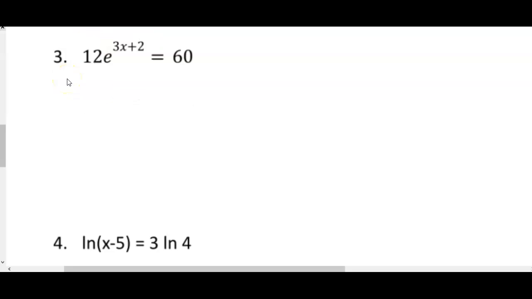Okay, for this one, let's start by dividing by 12. And so e to the 3x plus 2 equals 5. We need to get rid of this e, so we're going to apply the natural log to both sides because natural log is the inverse of e.